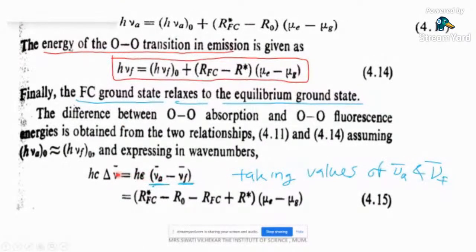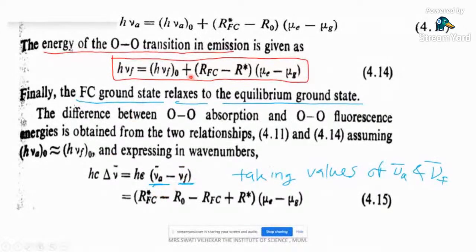So hc nu bar will equal h times nu A minus nu F, and placing that value, hc del nu bar is equal to hc times nu A bar minus nu F bar. So these are the wave numbers for the absorption energy band and for the fluorescence energy band.